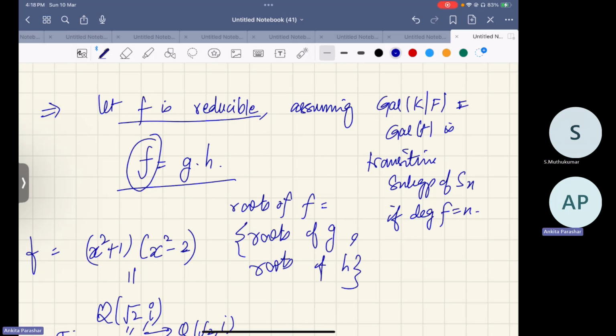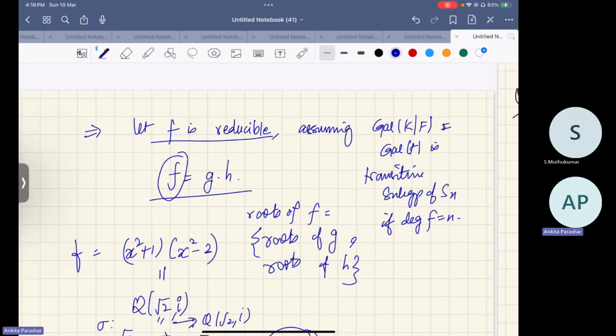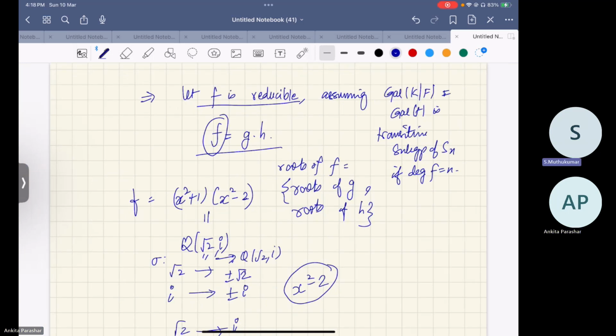But roots of h cannot be permuted with roots of g. Do you agree? In this polynomial f, the roots of x^2 - 2 are not permuted with the roots of x^2 + 1. That means you cannot map root 2 to i. Roots remain within the same polynomial.